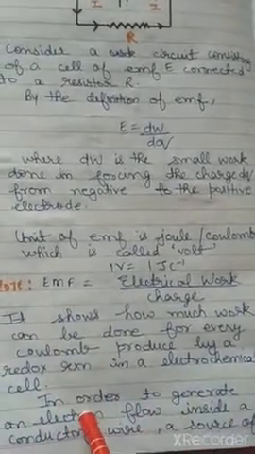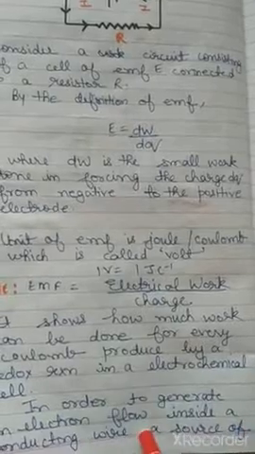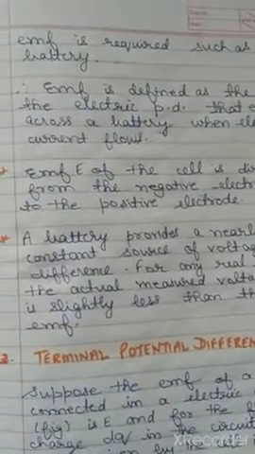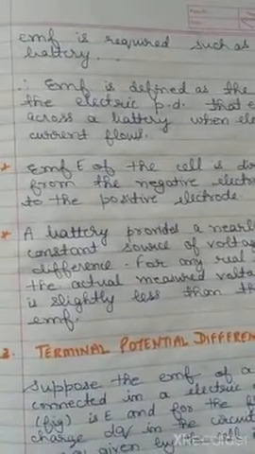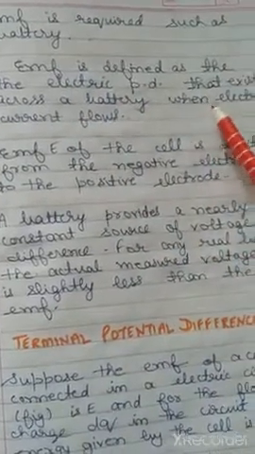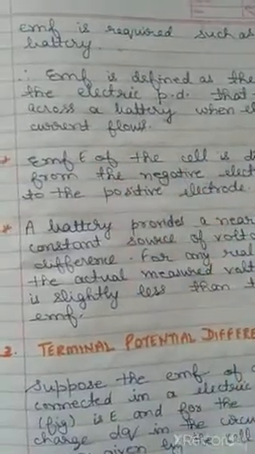Now in order to generate an electron flow inside a conducting wire, a source of EMF is required, and that source of EMF is your cell or battery. So we can define EMF. EMF is defined as the electric potential difference that exists across a battery when electric current flows.